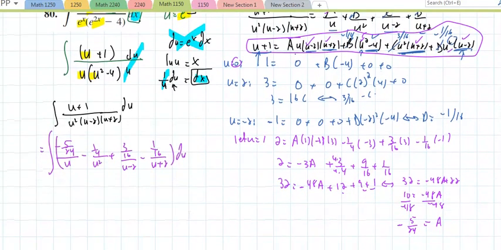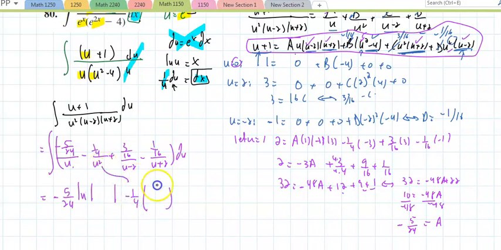So how does it work? I know there are 3 logs in there. Minus 5 over 24 is natural log of u. This piece, I'll come back to in a minute. This piece is 3 over 16 natural log of u minus 2. And this piece is minus 1 over 16 natural log of u plus 2, plus c.